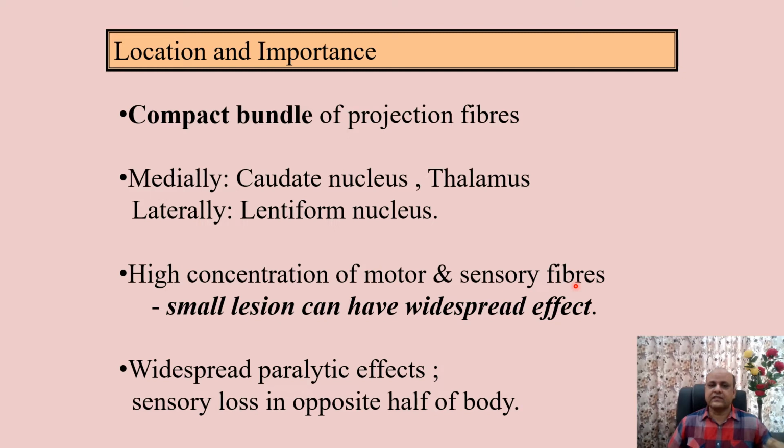So you must keep in mind why the internal capsule is clinically important: because it's a compact bundle of projection fibers, and since it's a compact bundle, a small lesion here can have a widespread effect. So what happens in the internal capsule? Well, there may be paralysis, hemiplegia, or there may be sensory loss in the opposite half of the body.